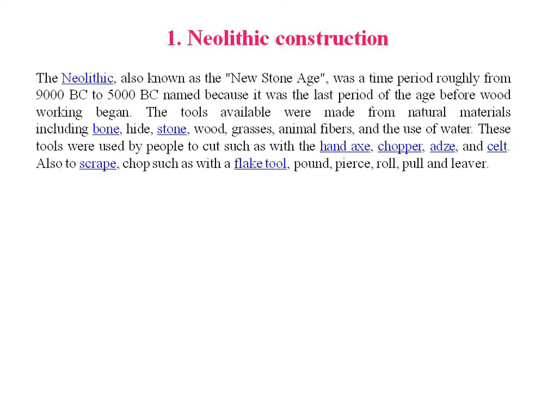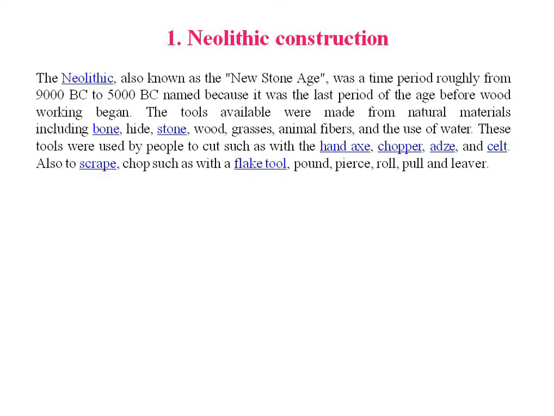The tools available were made from natural materials including bone, hide, stone, wood, grasses, animal fibers, and the use of water. These tools were used by people to cut, such as with the hand axe, chopper, adze, and flint. Also to scrape, chop, pound, pierce, roll, pull, and lever.